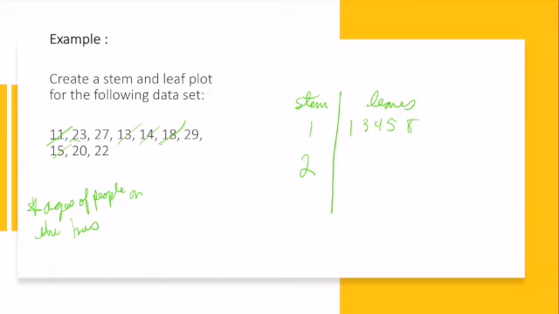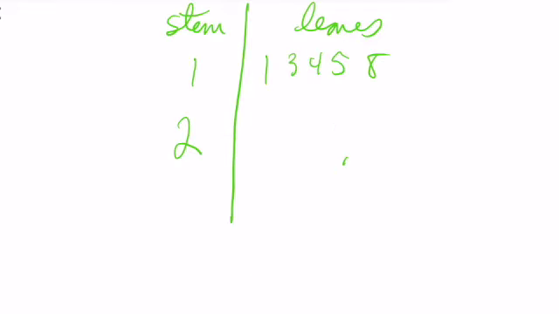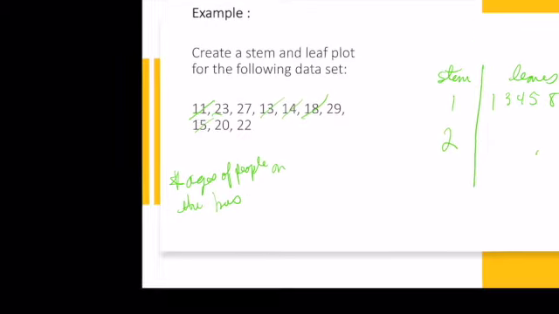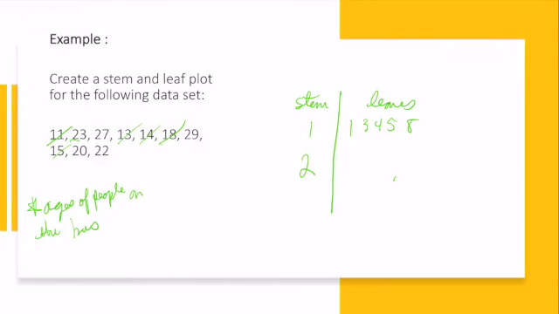Now I look at 20, we have a leaf of 0, 2, 3, 7, and 9. So here's our stem and leaf plot. I also need to have a legend, 1, 3 means 13.